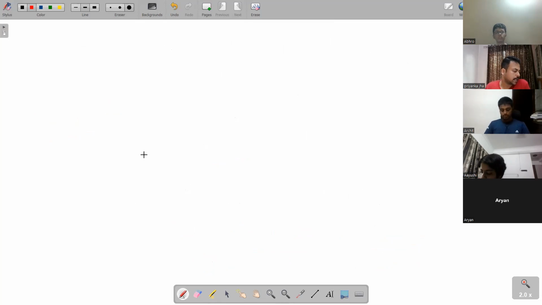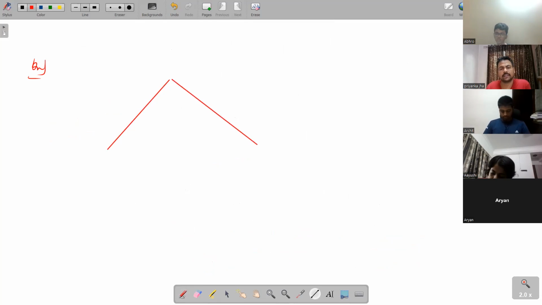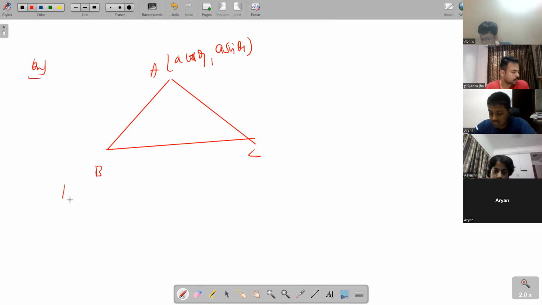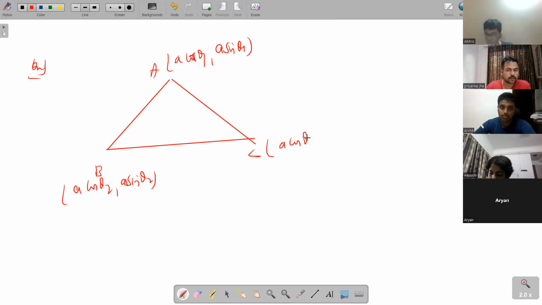Okay. Now I'll give you one question. There is a triangle ABC, any triangle, and coordinates of vertices are given as a cos theta 1, a sin theta 1, and this is a cos theta 2, a sin theta 2, and this is a cos theta 3, a sin theta 3.